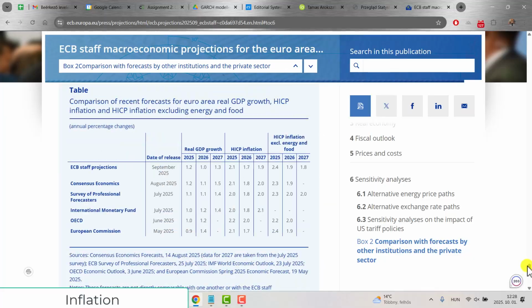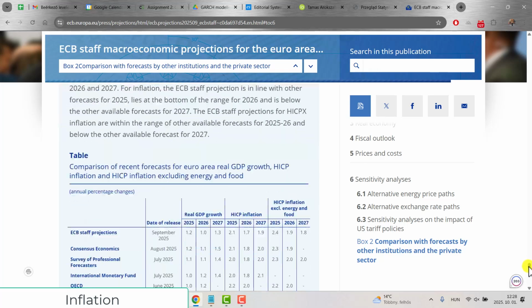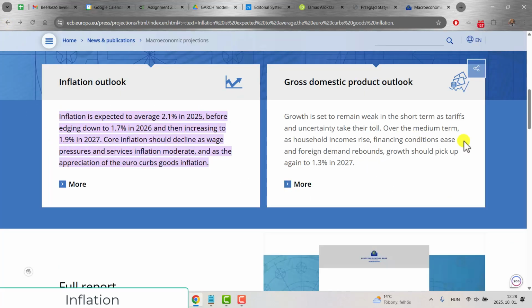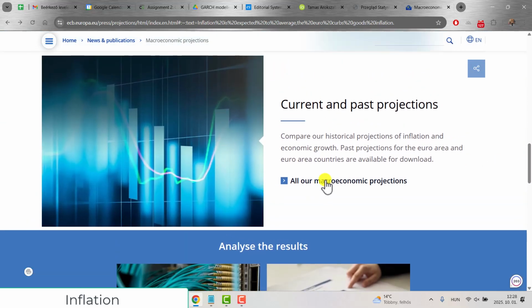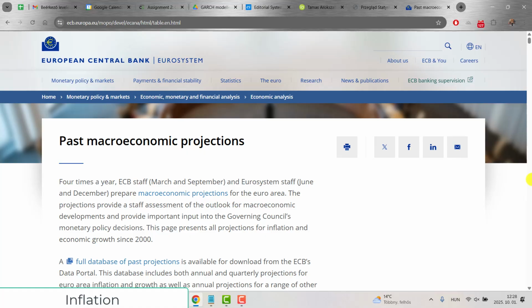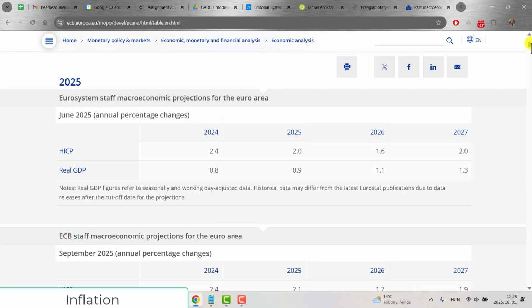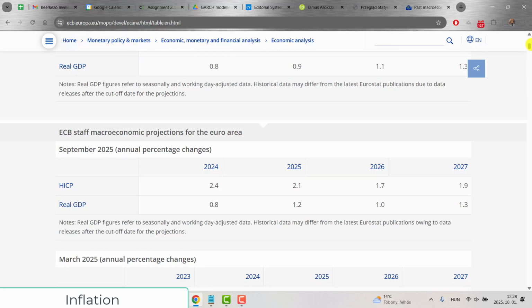Yeah, but they have a better website for this. The ECB website is absolutely terrible in terms of accessibility.